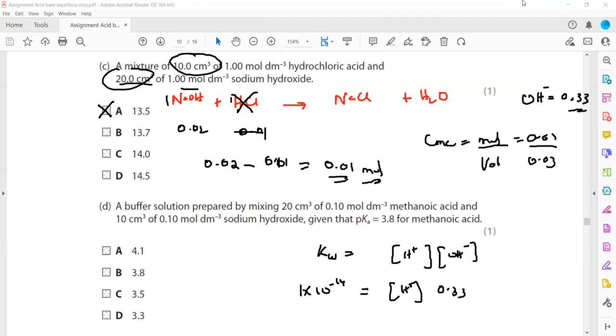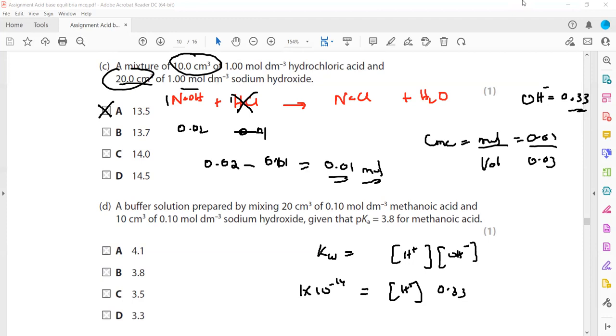So what we did: we worked out how many moles of sodium hydroxide are left after reacting. Then we worked out the new concentration as the total volume has changed. The moles changed as well as the volume. First it was 20 and then 10 cm cube of hydrochloric acid was added, which makes it 30 cm cube.